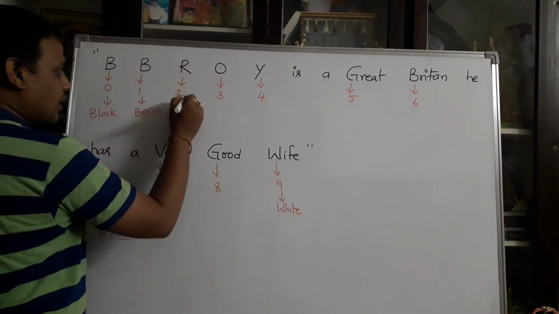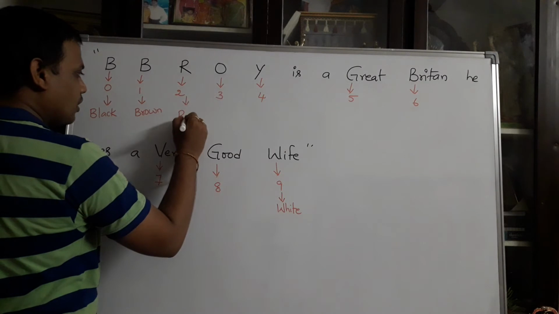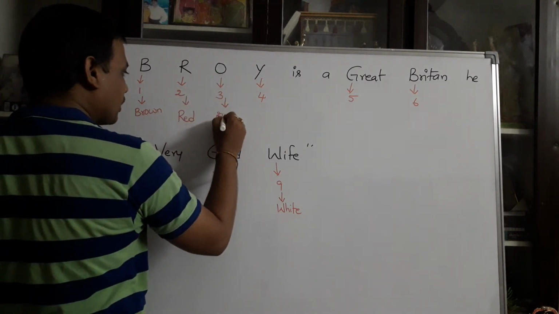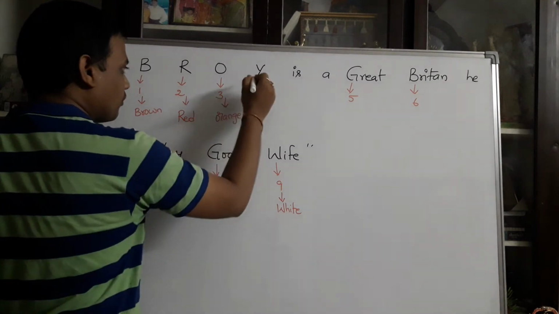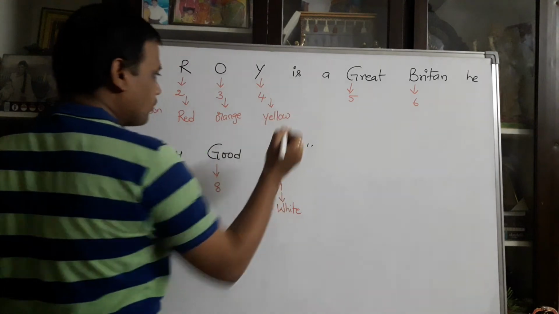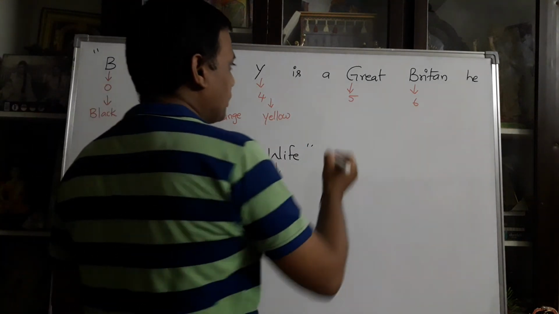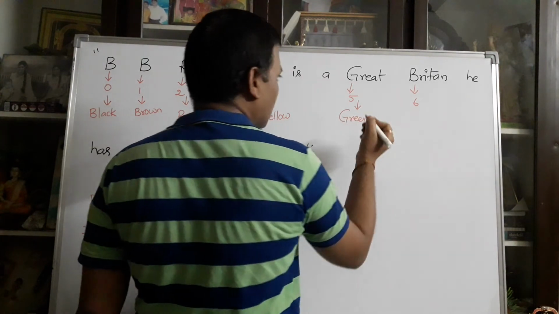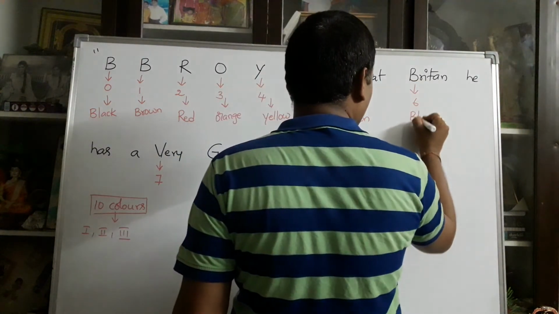R is nothing but red color. O, it is a fruit also, orange. Y, it is yellow, dirty yellow. G, evergreen, green. B, blue.